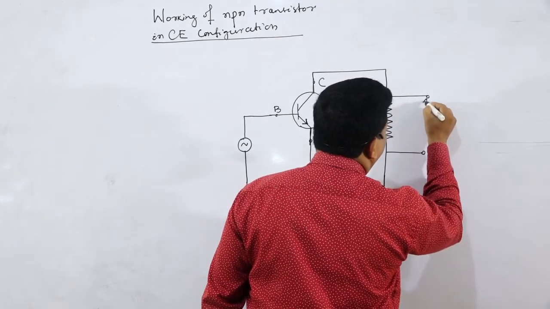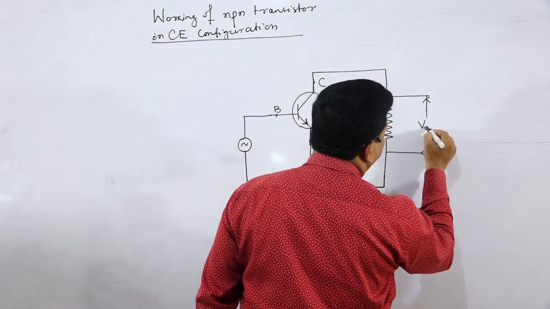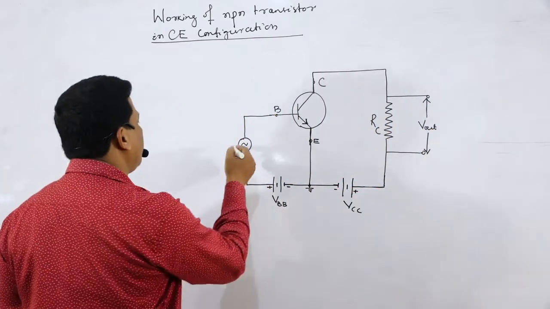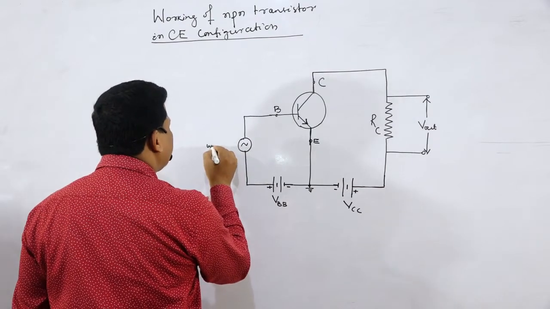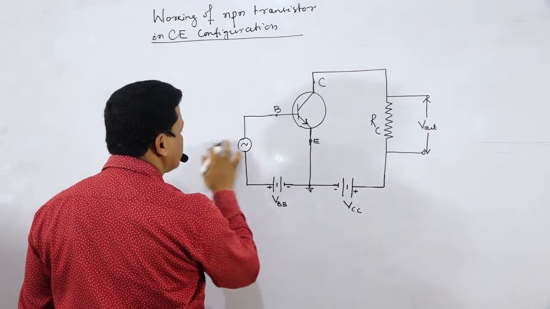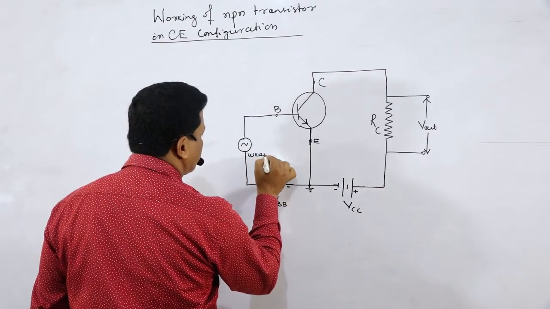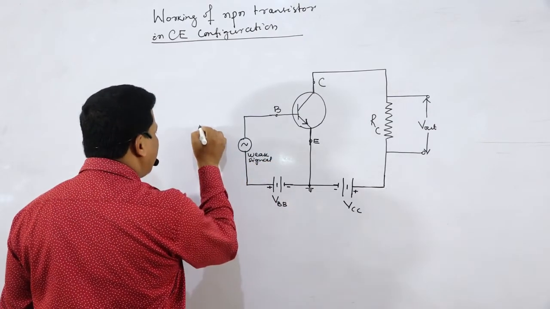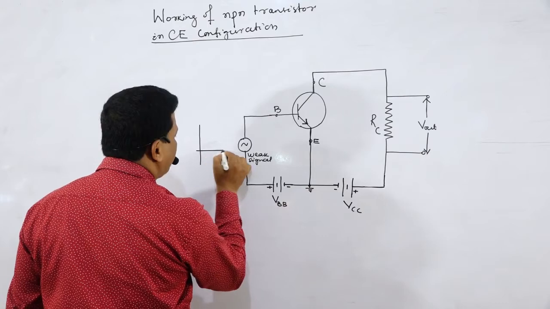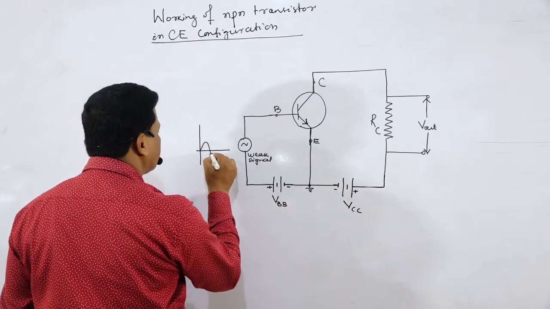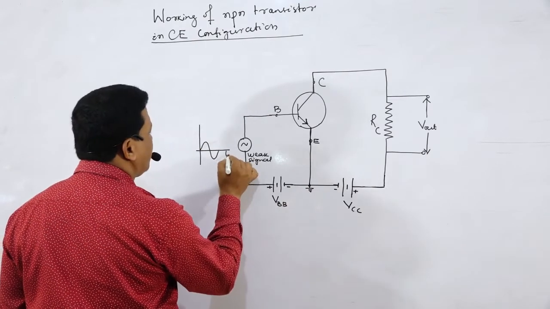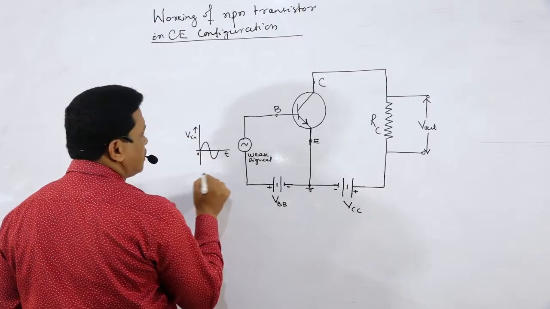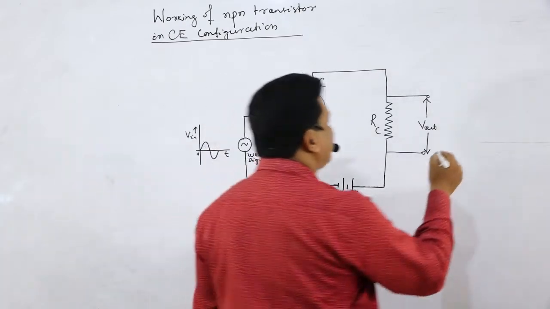So you will get the output here, and we have applied the input here. This is the weak signal, and the signal is sinusoidal. It is sinusoidal, so input voltage sinusoidal, and you will get the output here.